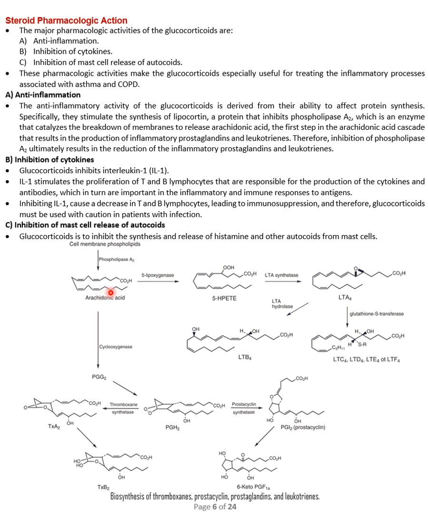This arachidonic acid plays an important role in synthesizing other chemicals, such as the leukotrienes, which are important in causing bronchoconstriction, and it is also involved in the synthesis of prostaglandins that leads to inflammation. So by blocking this step, we can inhibit a lot of chemicals involved in inflammation and bronchoconstriction.